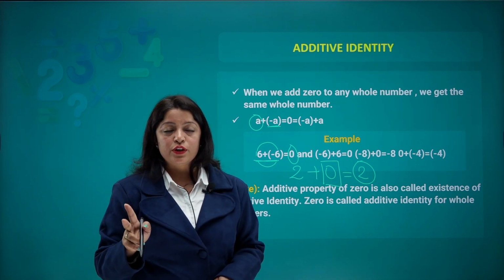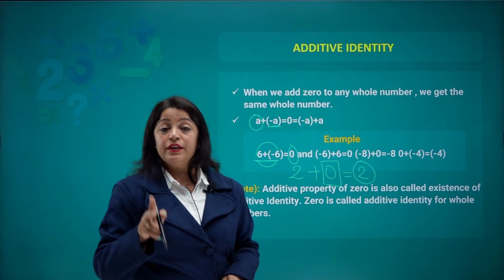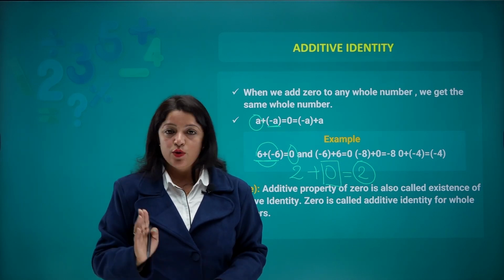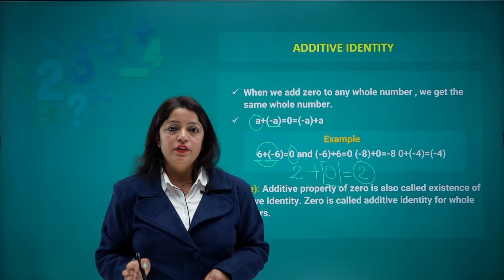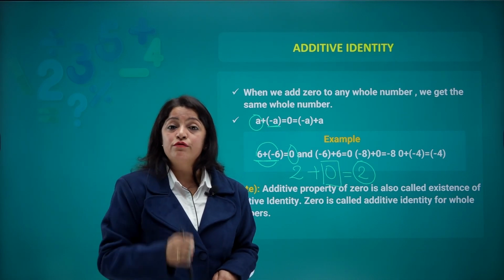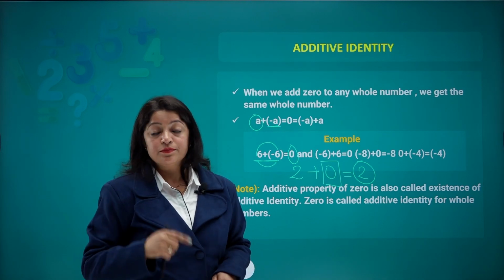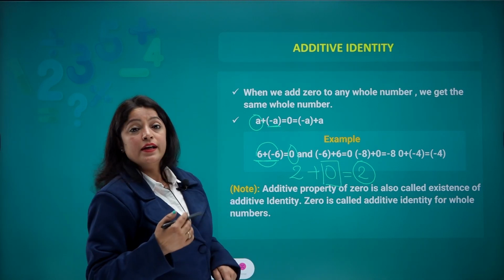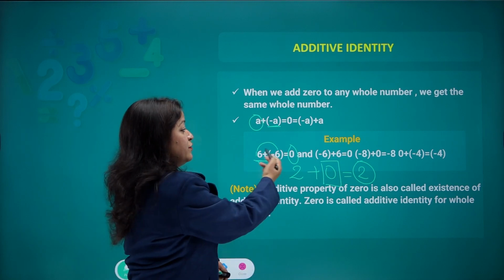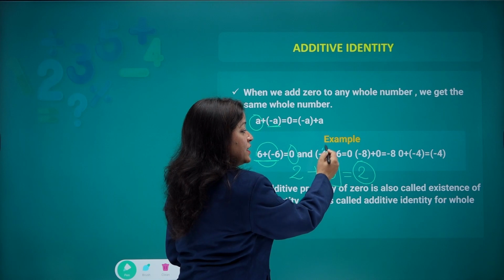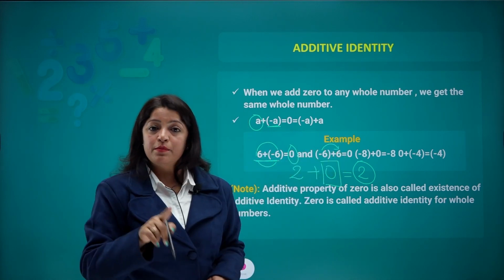Don't be confused between the two words, additive identity and additive inverse. Additive identity is always 0 for any element, whatever it is. But additive inverse of a number is the negative of that number. Means if I am talking about the number 6, its additive inverse will be negative 6. If I am talking about negative 6, then its additive inverse will be the number 6.